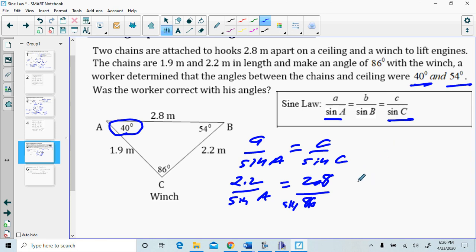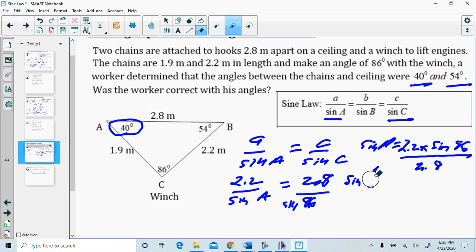Okay, so from there, what we're going to have is sine A equals 2.2 times sine of 86 divided by 2.8. 2.2 times sine of 86 all divided by 2.8. And again, because it's an angle that we're looking for, you go sine, second function of 1, and put all this in brackets. Okay, it's getting a little bit bunched there.